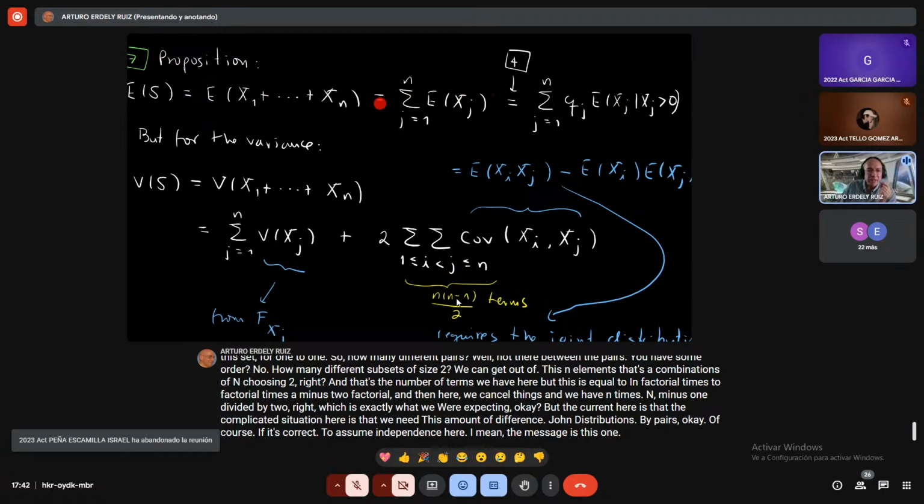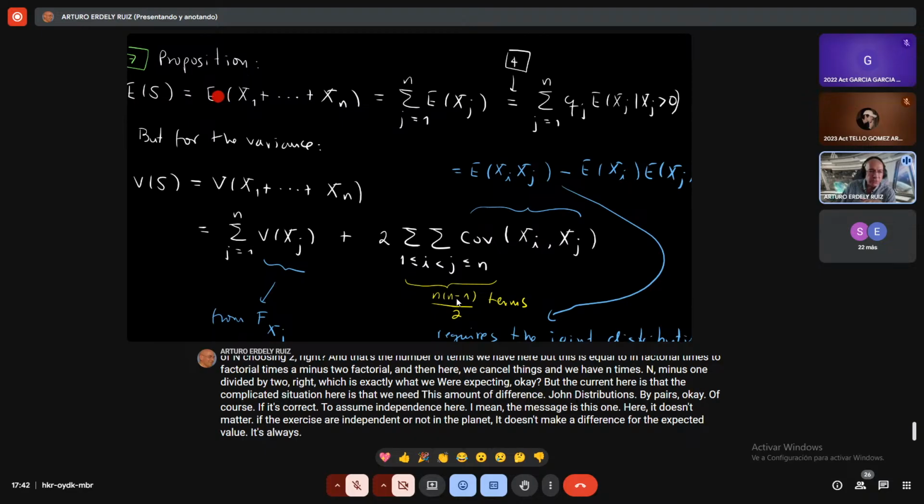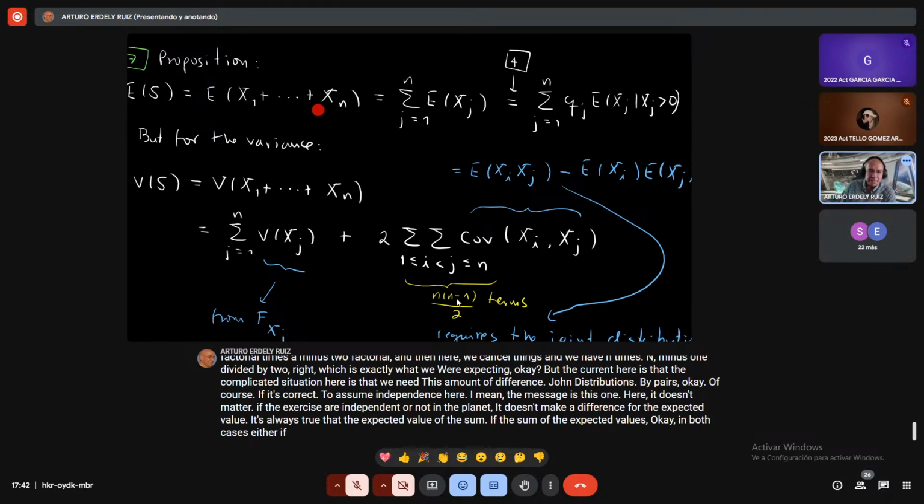Here it doesn't matter if the xi's are independent or not. It doesn't make a difference for the expected value. It's always true that the expected value of the sum is the sum of the expected values, in both cases, whether or not the xi's are independent.